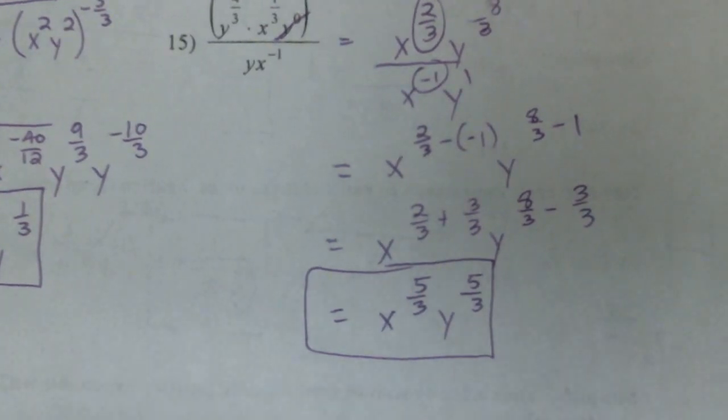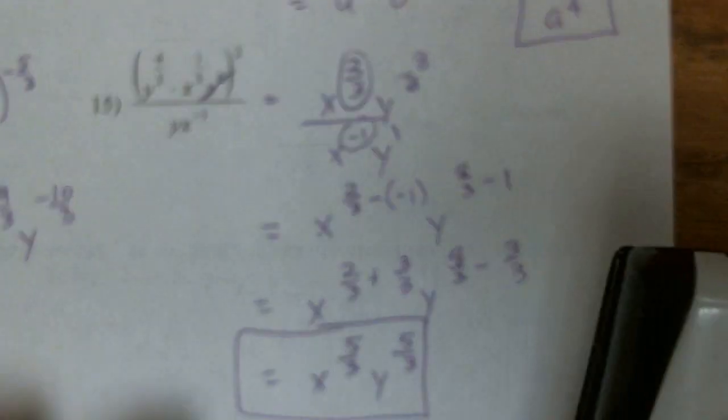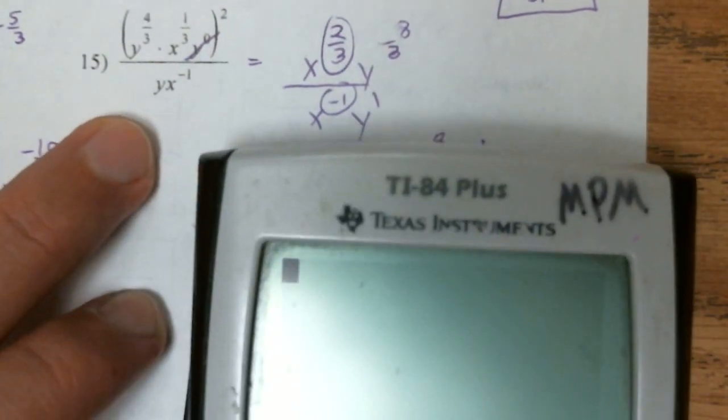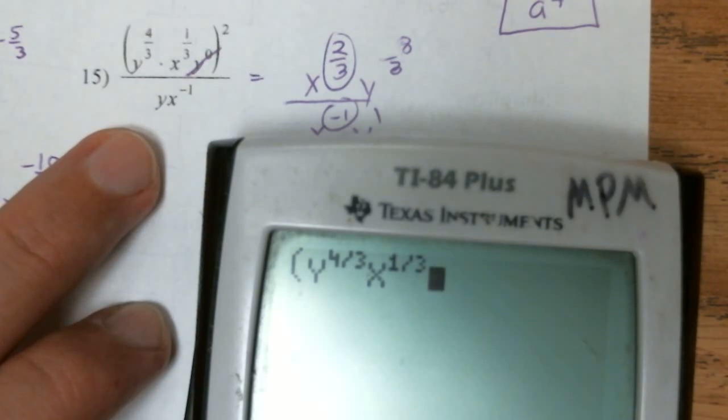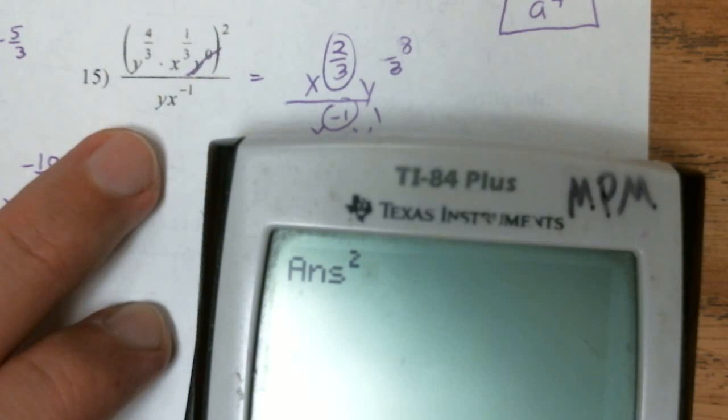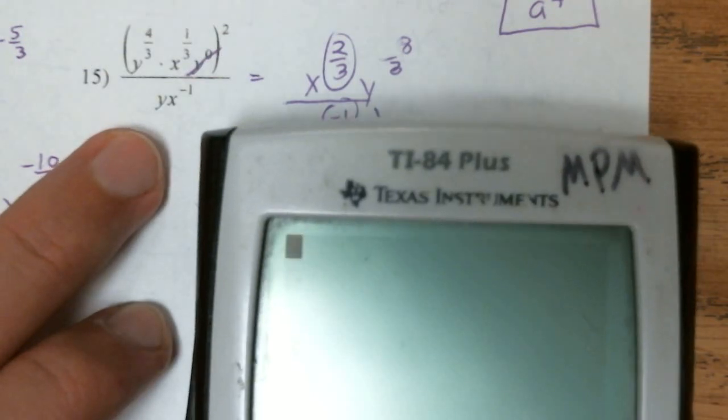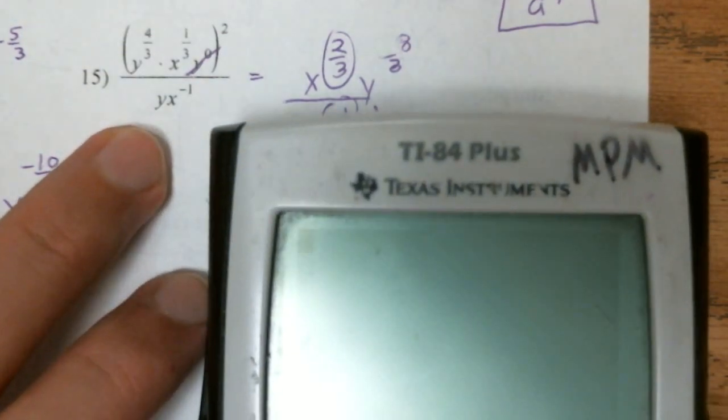Okay, I could check that one very quickly. Big parentheses, alpha y raised to the 4/3, x raised to the 1/3. I'll go ahead and put in the alpha y raised to the 0, but we know that's just 1, squared. Okay, take 2.